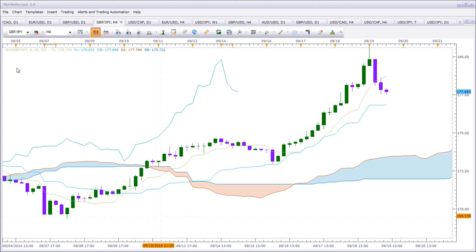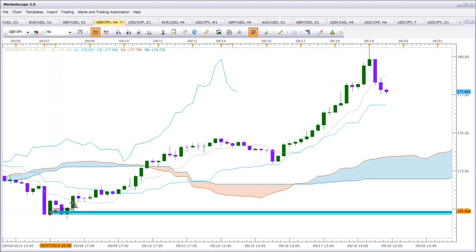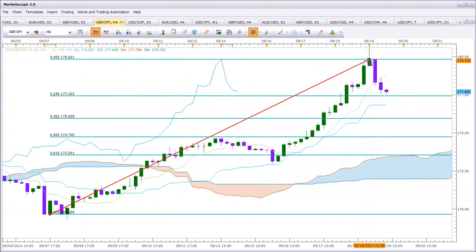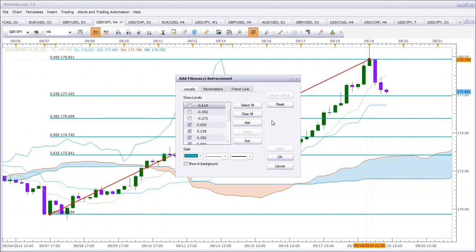All right, so the tool that I'm going to use is Fibonacci. Fibonacci is one of the most powerful technical indicators, and I actually have a lot of not useful information about Mr. Fibonacci himself.